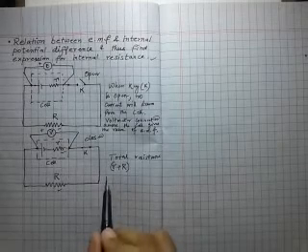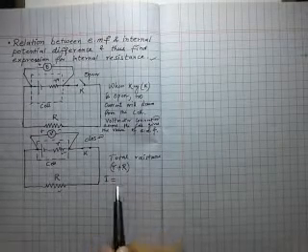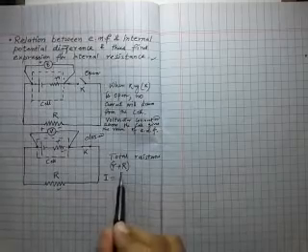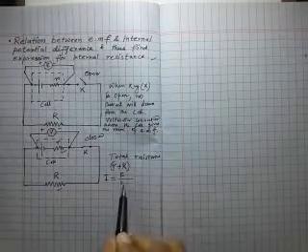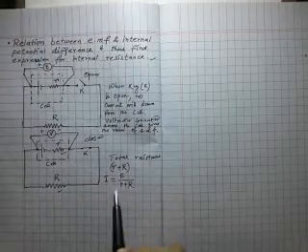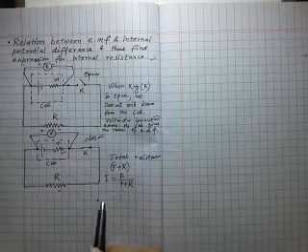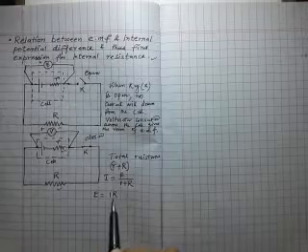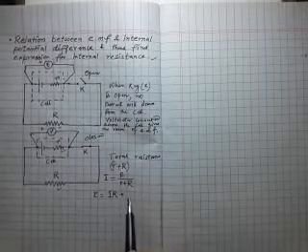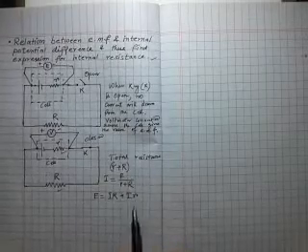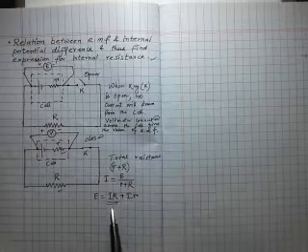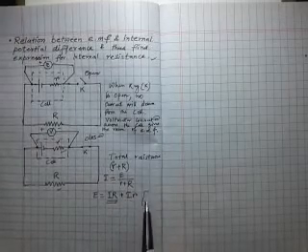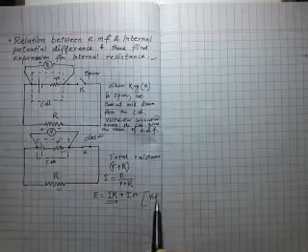So what will be the current? I will be E by R plus r. Then we go for cross multiplication. So E will be equal to IR plus I into r. Already you know from Ohm's law that V is equal to IR.